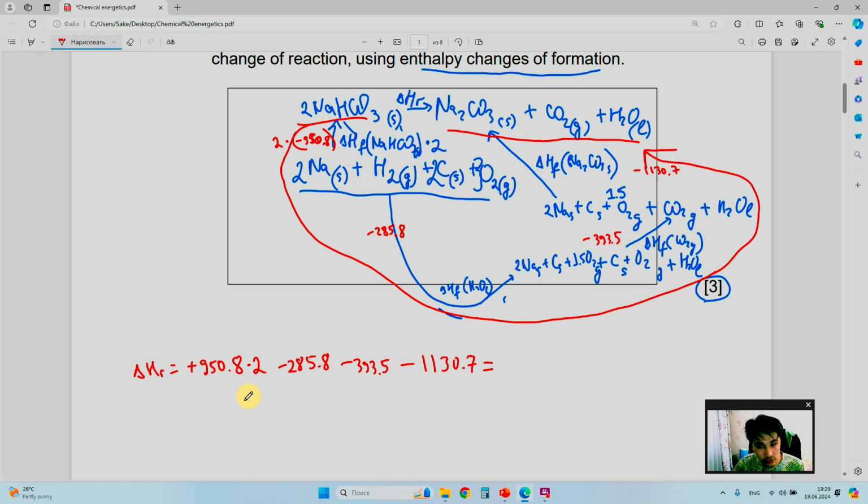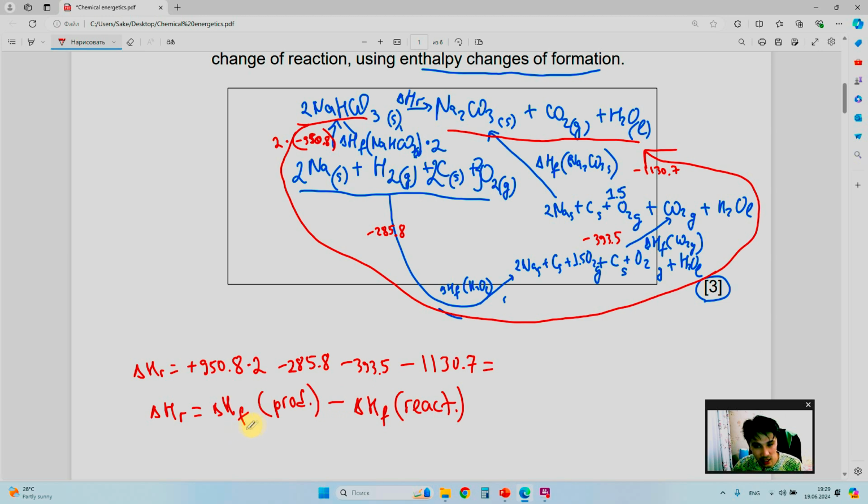And if you take a look at your equation, you can figure out that in that case, enthalpy change of the reaction equals enthalpy change of formation of products minus enthalpy change of formation of reactants, because if you take the enthalpy change of reactants, which is the negative value, this is going to turn positive.